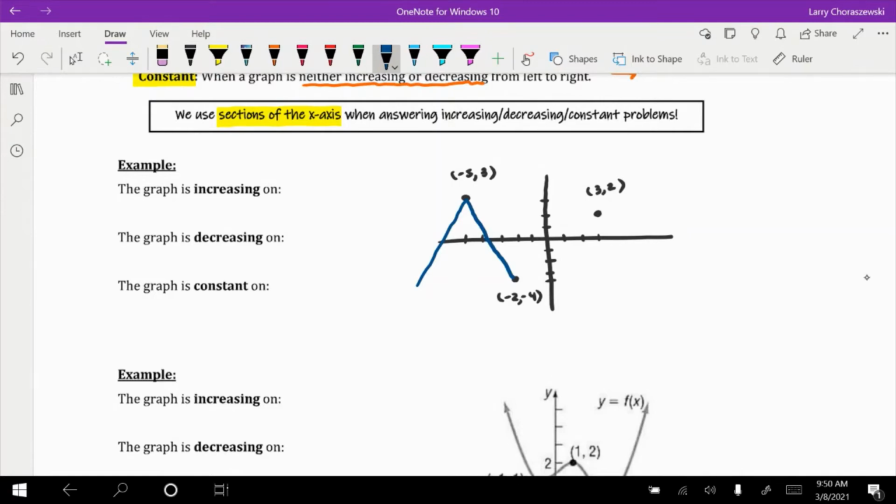And then I'm going to connect (-2, -4) with (3, 2), just like that. And then beyond the point (3, 2), I'd like us to just indicate a flat part of the graph that continues on in this direction. And I'm also going to put a little arrowhead at the very start of our graph.